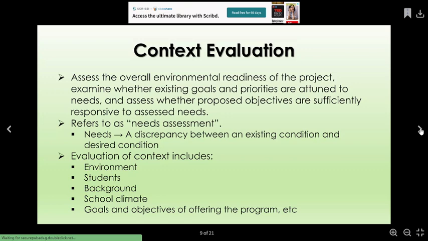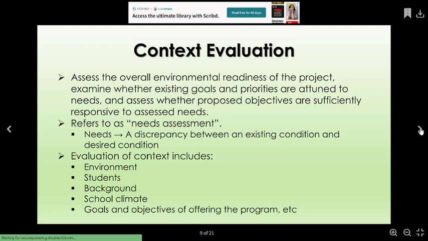That means we examine whether the existing goals and priorities are tuned to the needs, and assess whether the proposed objectives are sufficiently responsive to the assessed needs.